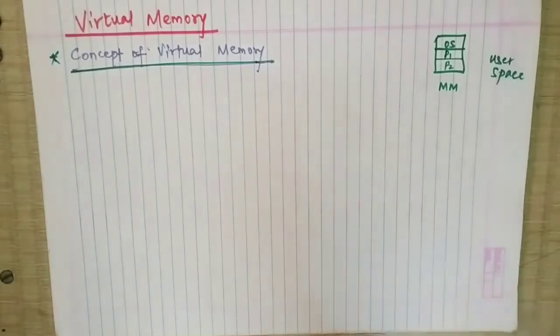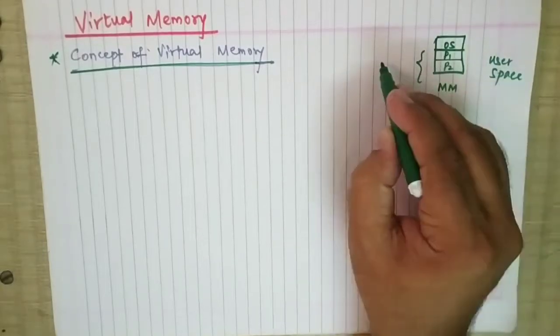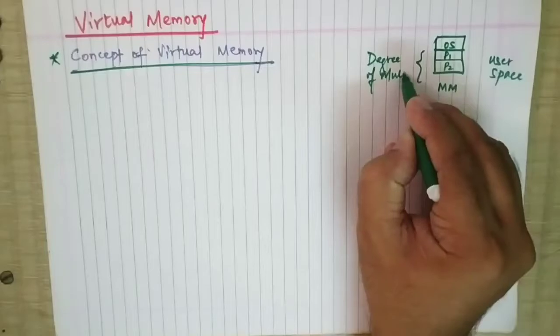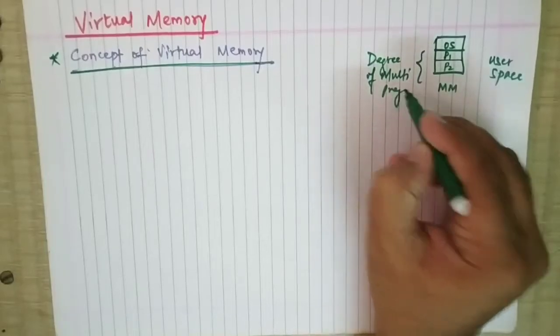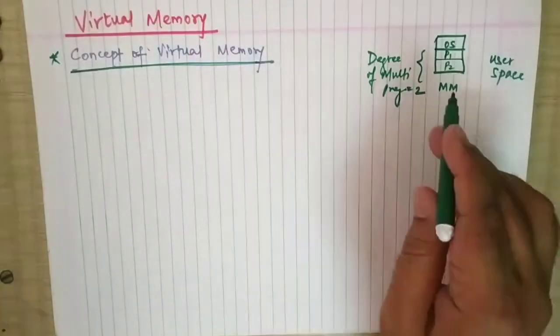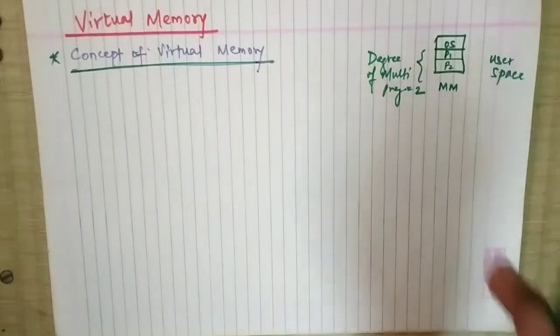Whenever any process comes for execution, here you can see the degree of multi-programming is 2 only. Why? Because we can execute only 2 processes over here, so that's why the degree of multi-programming is only 2.